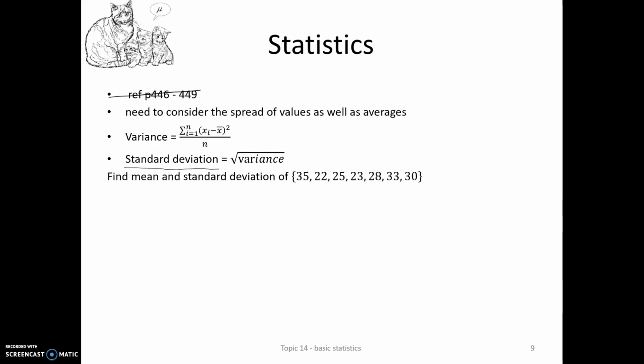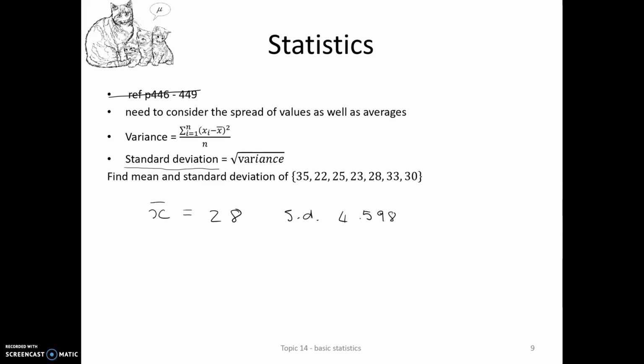So we could find there that the mean, if we use the calculator, is 28, and the standard deviation would be 4.598, so that the variance would be that squared.